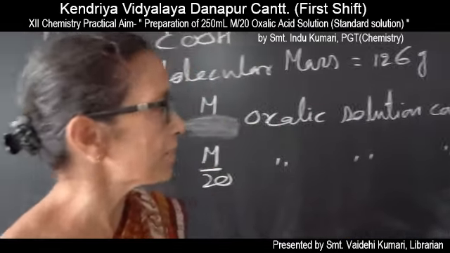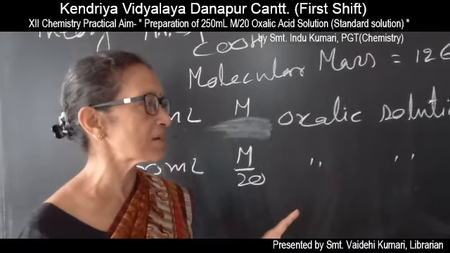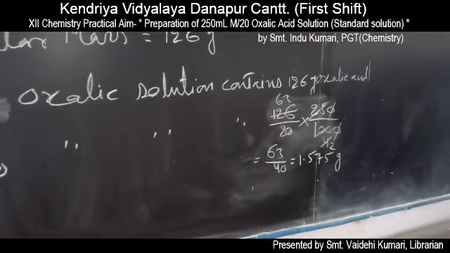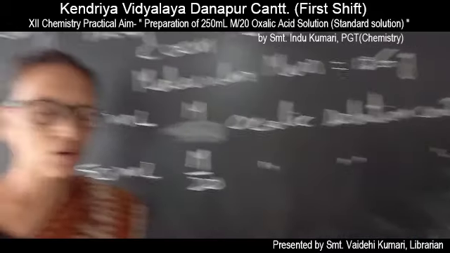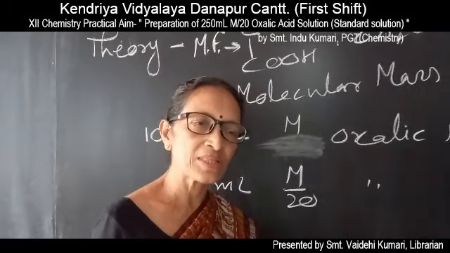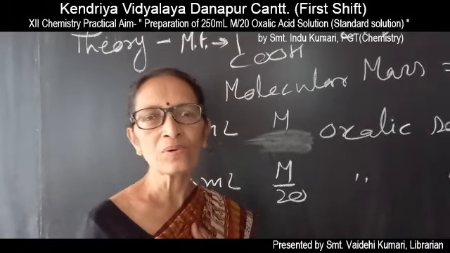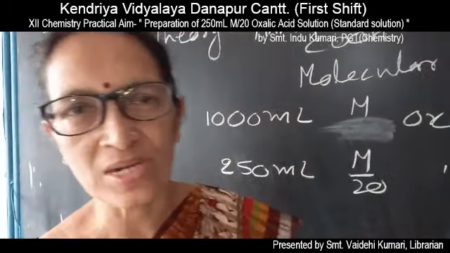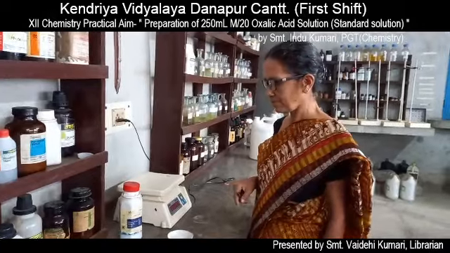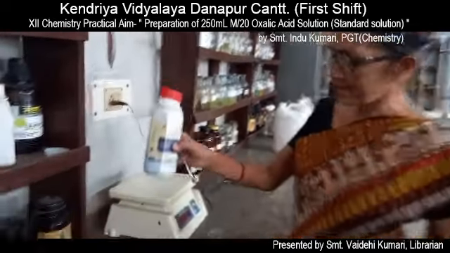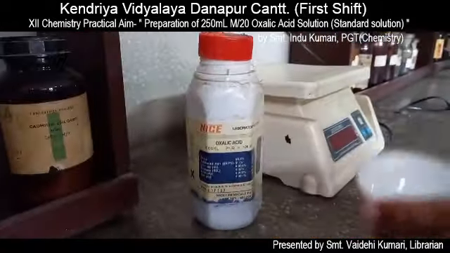Now, I have to take 1.575 gram oxalic acid on a watch glass with the help of electronic balance. Now, I am going to demonstrate this. This is oxalic acid. I have taken oxalic acid in a China dish.